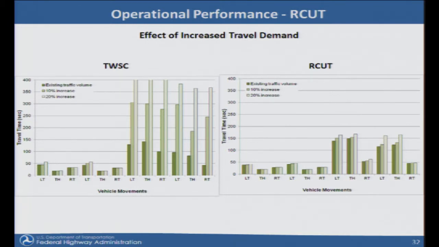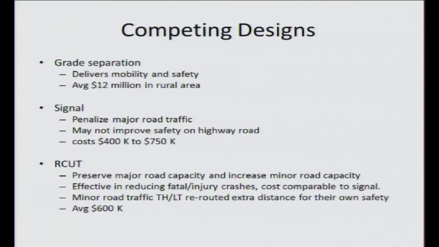With the RCUT, because it's way below its capacity potential, even if I have a 10%, 20% increase in traffic demand in all directions, the total travel time will see a very marginal increase, okay? In all cases, the travel time for the major road traffic was not affected because they still have the right of way, okay?